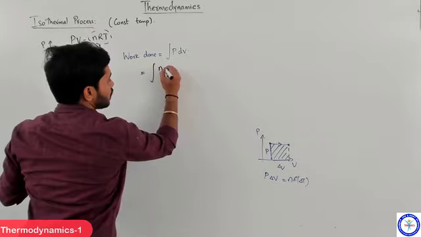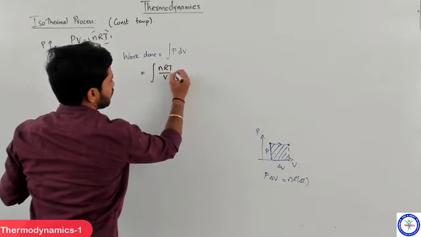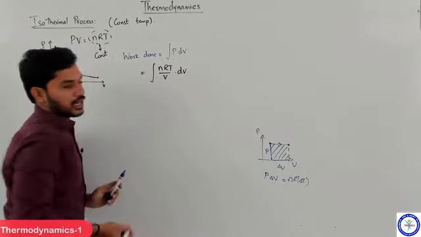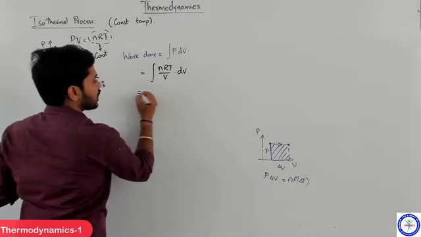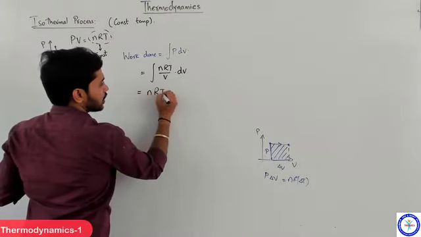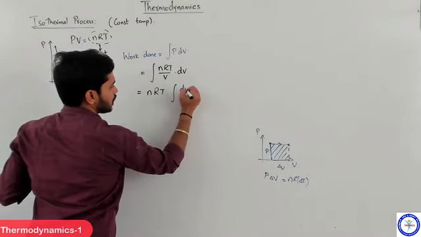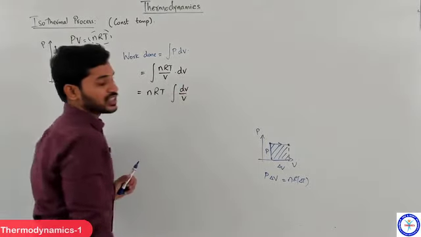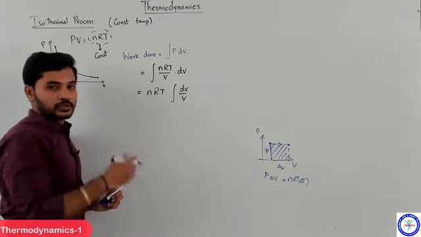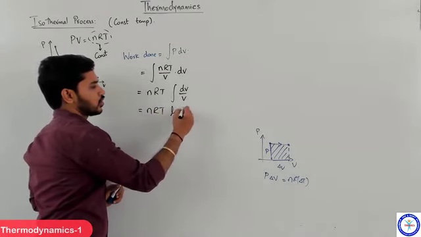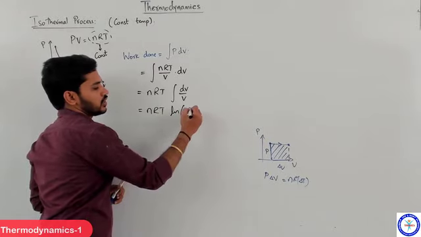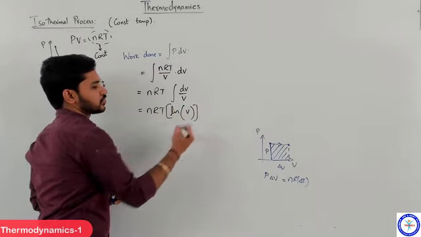So nRT by V into dV, and you know that nRT is a constant. I can bring that outside the integral, so I can write this as nRT into integral dV by V, and you all know what is integral dV by V? ln V, correct? So this becomes nRT ln V.